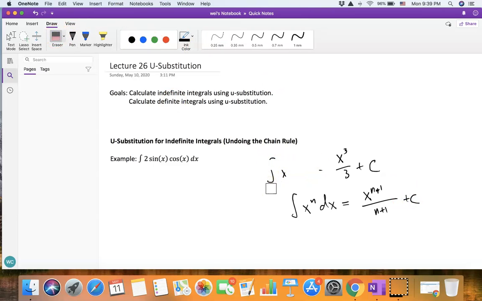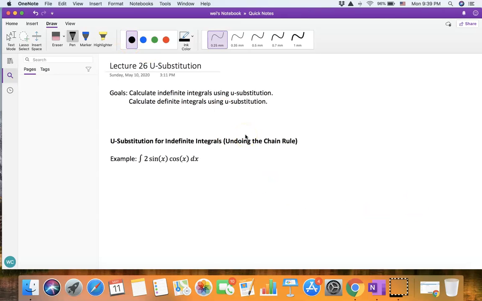And if a function is a sine or a cosine, we also can find the antiderivative according to the derivative formula. Like the integral of sine x dx is negative cosine, and the integral of cosine is sine x.